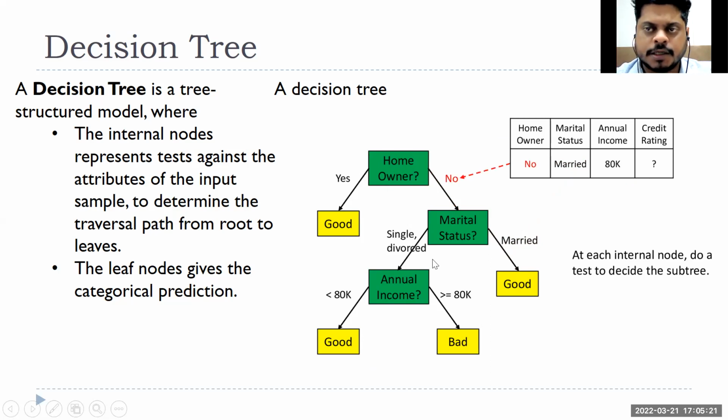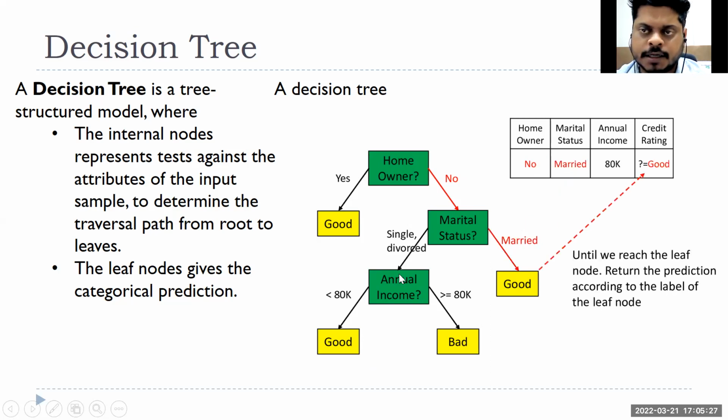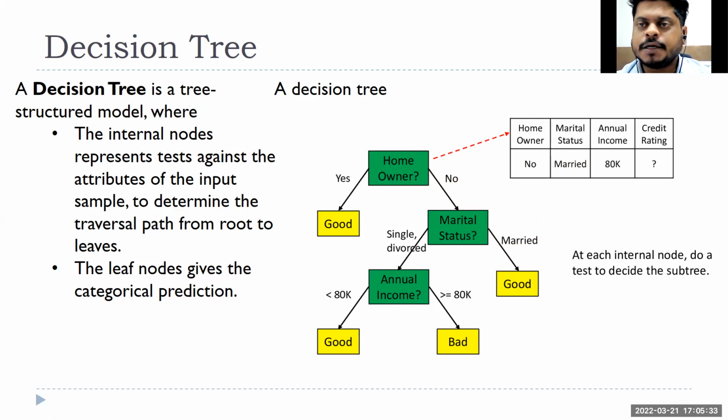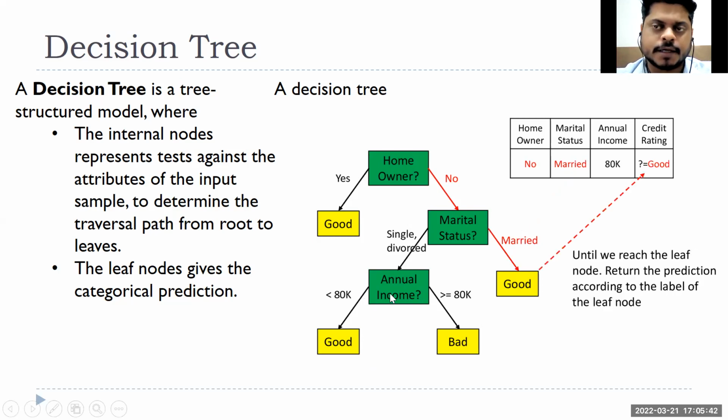How do I know? Obviously, that information is not given here. When you create it in the SAS enterprise manner, I'll show you how the model selects which is my most important variable to consider for my decision tree, then the next important one, then the next important one.